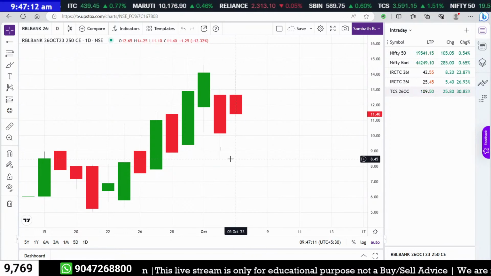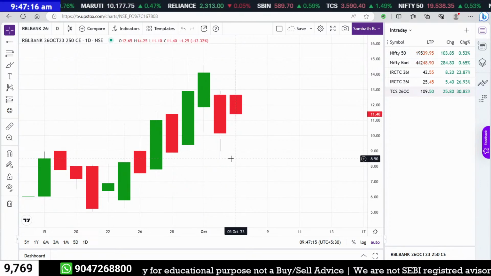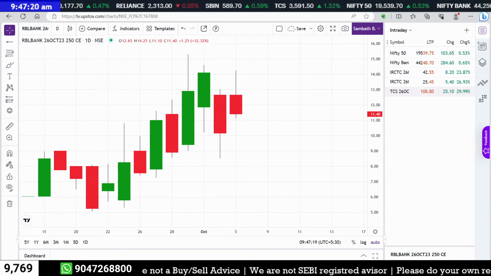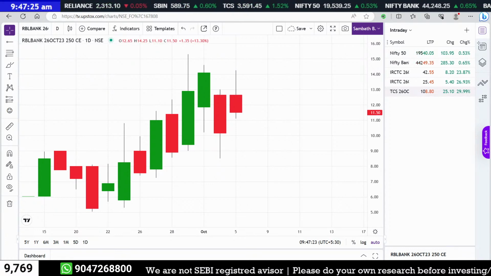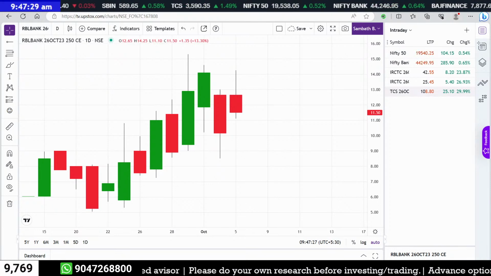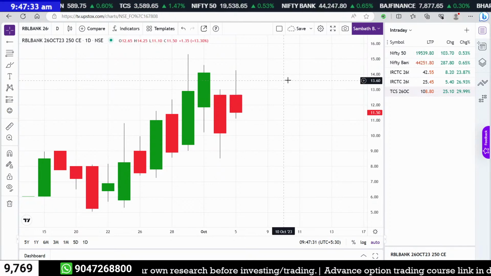Maybe we can wait, and if you want to take this position at the current level, you can keep this particular day's low as the stop loss and wait. Okay, that's what on RBL.